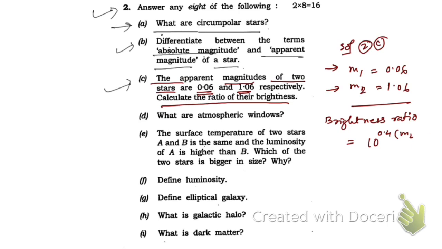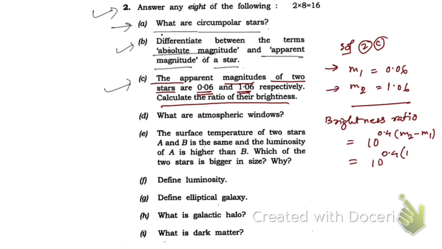Just remember this formula. So if we put the values of M2 and M1, then we have 10 to the power 0.4 into (M2 is 1.06 minus M1 is 0.06), right?